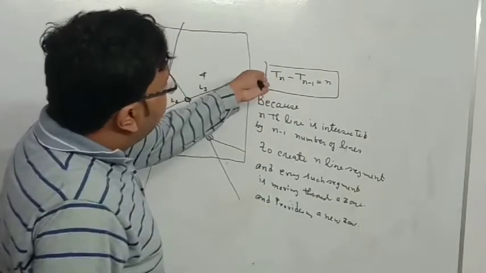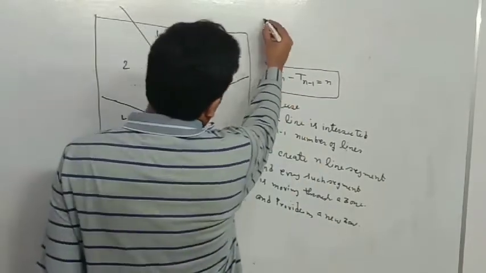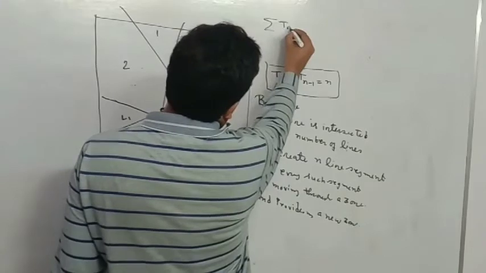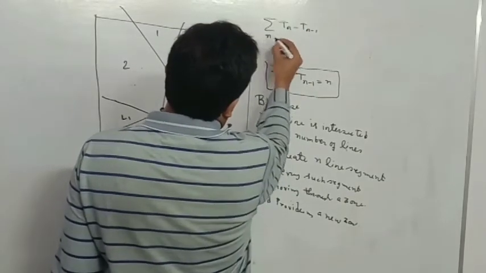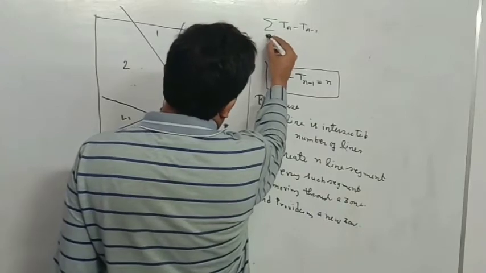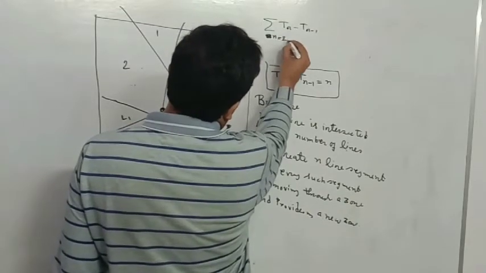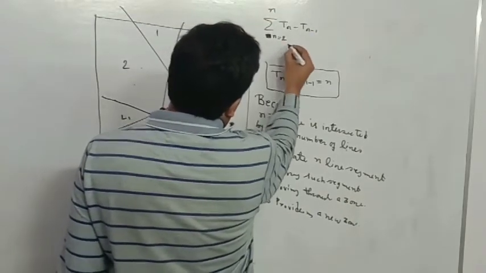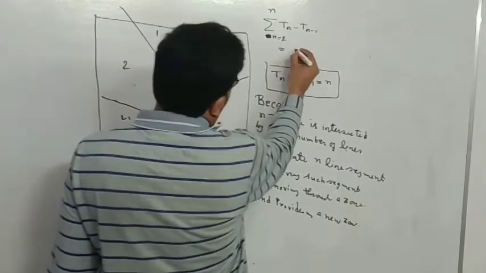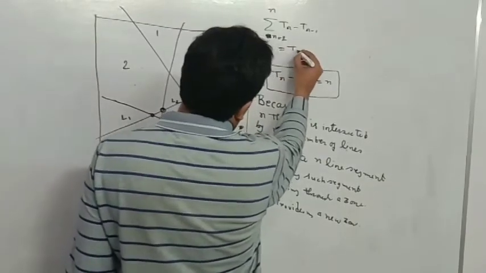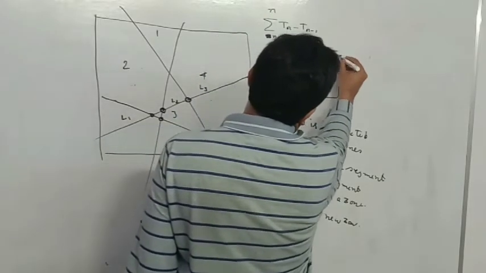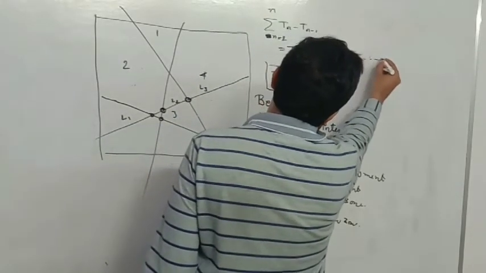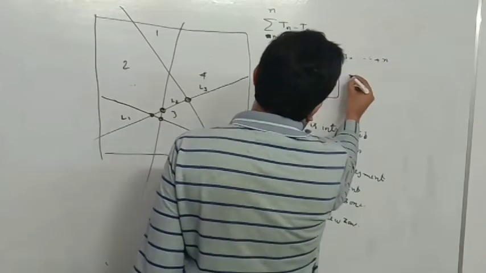Now, if I solve the equation of recursion by the telescoping technique, that is sigma of Tn minus Tn minus 1, where n goes from 2 to n, then definitely we will get Tn minus T1 equal to 2 plus 3 up to n.